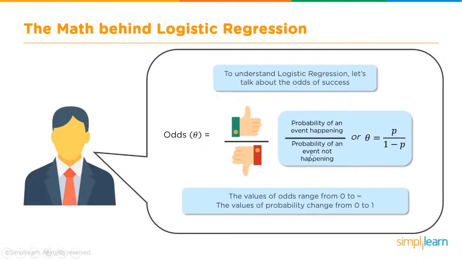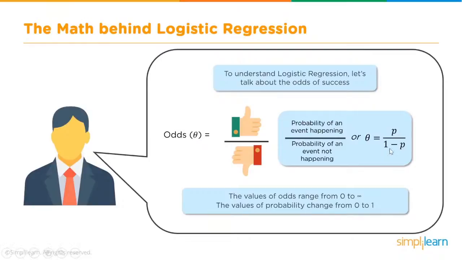And this is the formula for finding the odds: the probability of an event happening divided by the probability of the event not happening. So P is the probability of the person getting a promotion, divided by the probability of the person not getting a promotion, that is 1 minus P. So this is how you measure the odds.